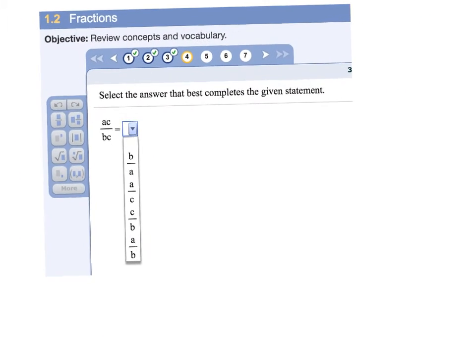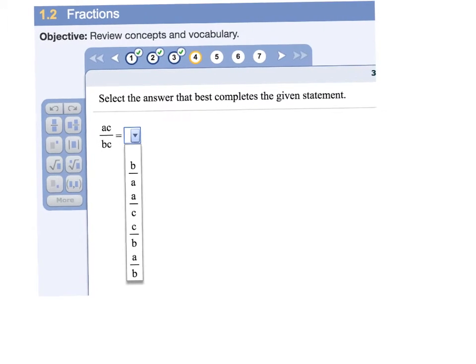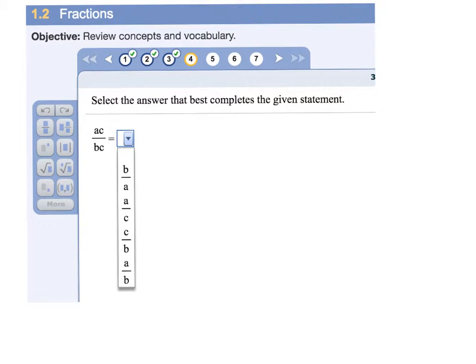So select the best answer that completes the given statement. So what they're saying is, if you've got a fraction like, let's say 10/12, all right? Well, we know that 10/12 can be rethought of as 5 times 2 over 6 times 2.